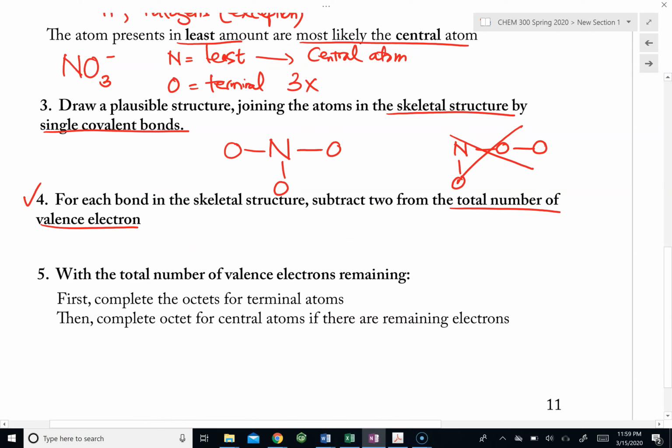When we draw this skeletal structure, we have drawn 3 single bonds, and these 3 single bonds consist of 6 valence electrons altogether. So 24 total to start, minus 6 valence electrons due to the 3 bonds we drew, gives us 18 valence electrons remaining.